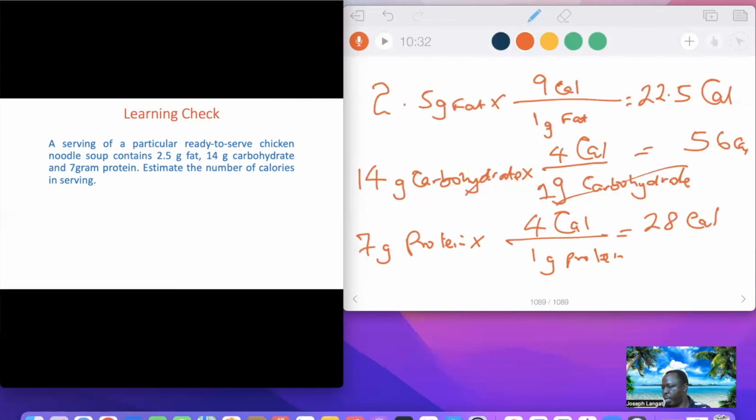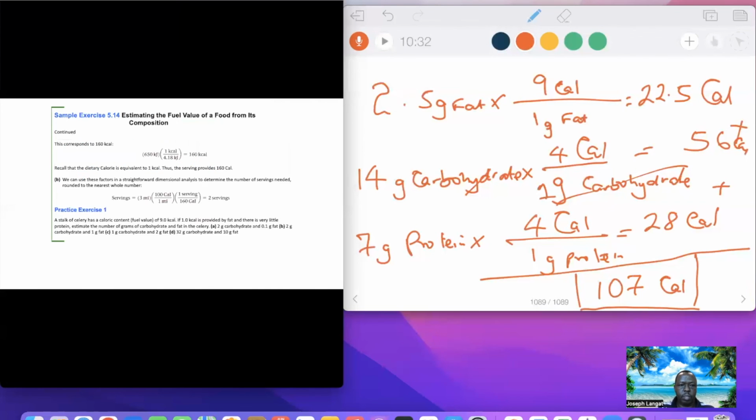And then for the total, you add everything, right? This should be 107 calories. This is 107 calories. We don't use the kilojoules the way we did in the example.